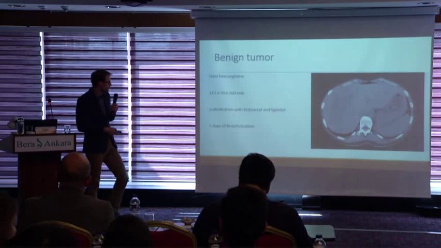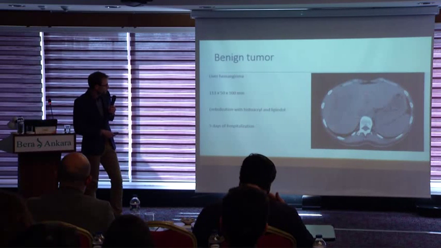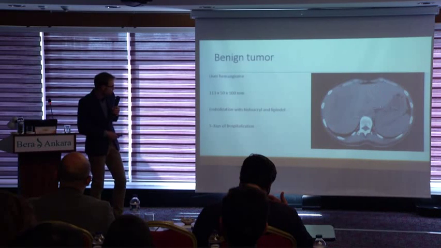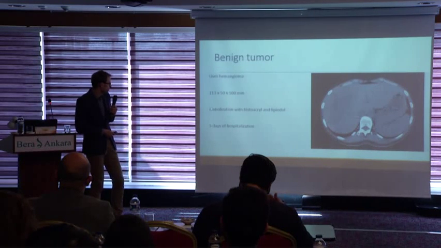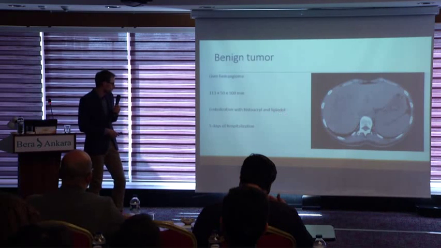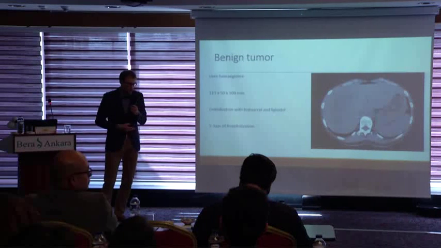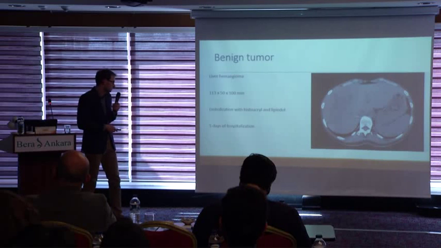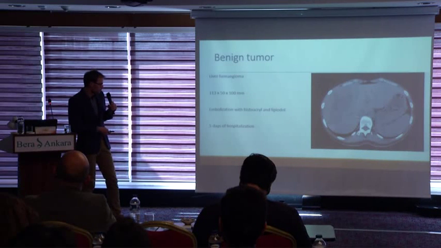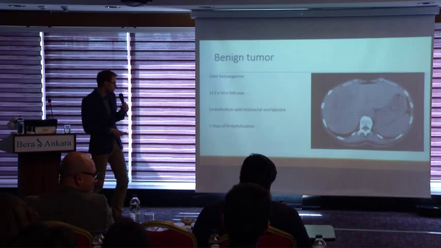So here we have a picture from the CT of the hemangioma. You can see it's really a huge hemangioma, and we treated it in cooperation with our interventional radiologists, and they performed intra-arterial embolization with a special tissue glue.